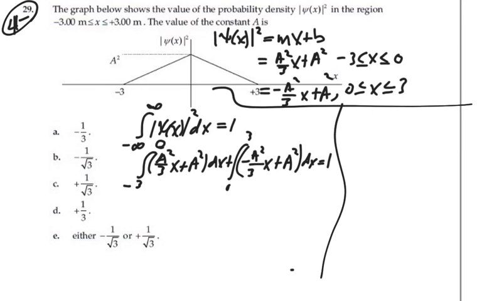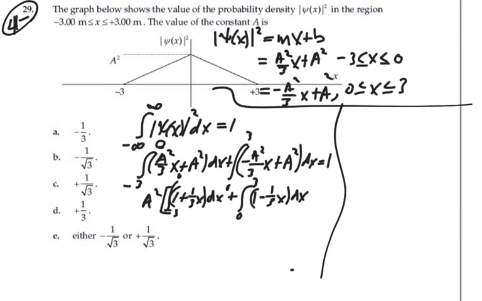Alright, so let's factor out an a squared out of everything. And we're going to end up with 1 plus 1/3 x dx, integral from -3 to 0, plus from 0 to 3, we're going to have 1 minus 1/3 x dx. And all this should equal 1.